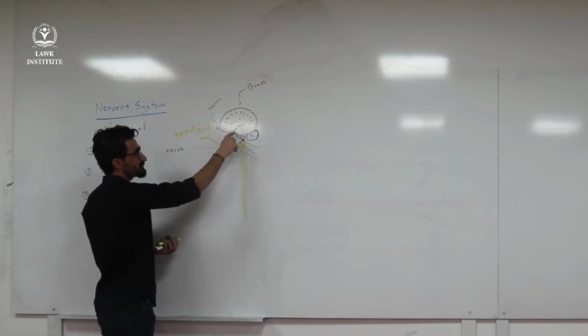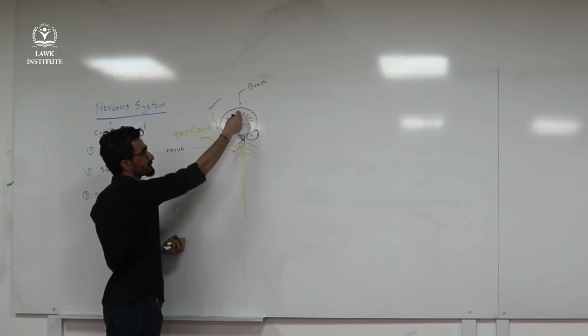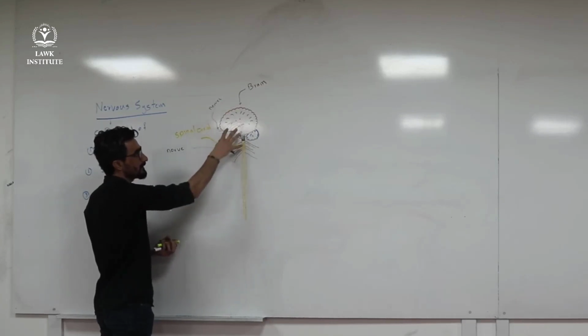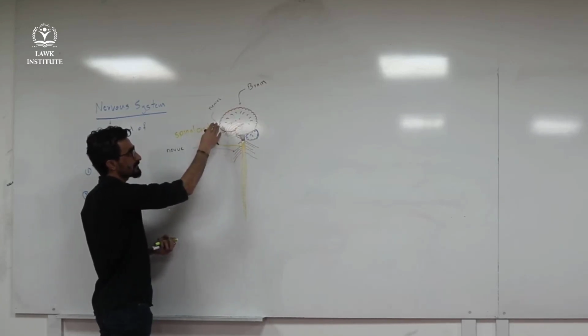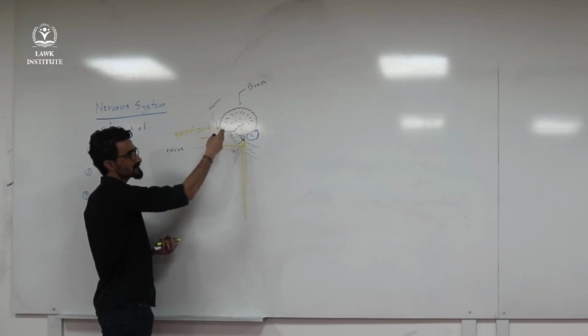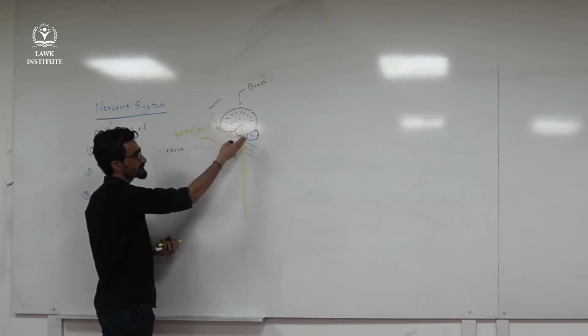So we have some nerves that extend from the brain to control your head overall, mainly your eyes, your face, muscles of your tongue, your neck, and so on.